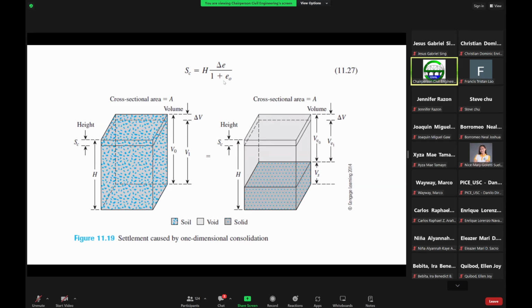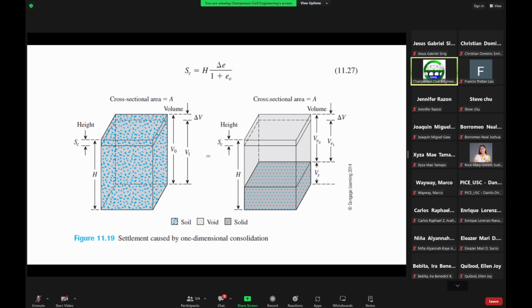That's E sub O. So again, this is now your H. And then this change in the void ratio is now the change in the volume of the voids.